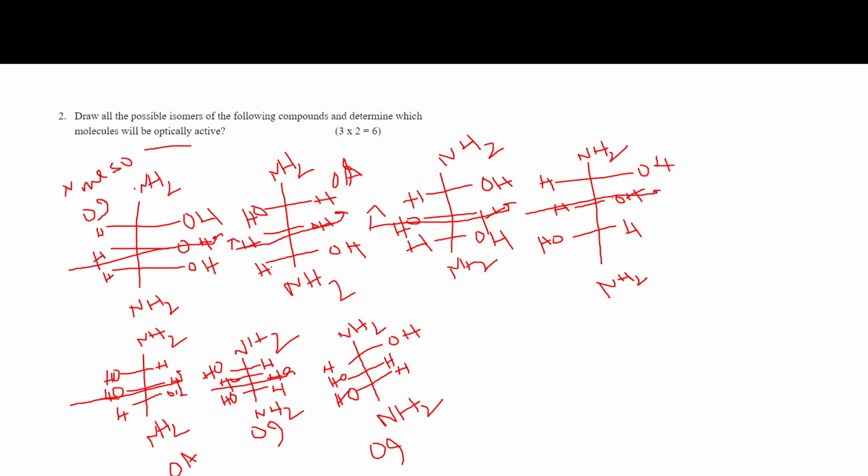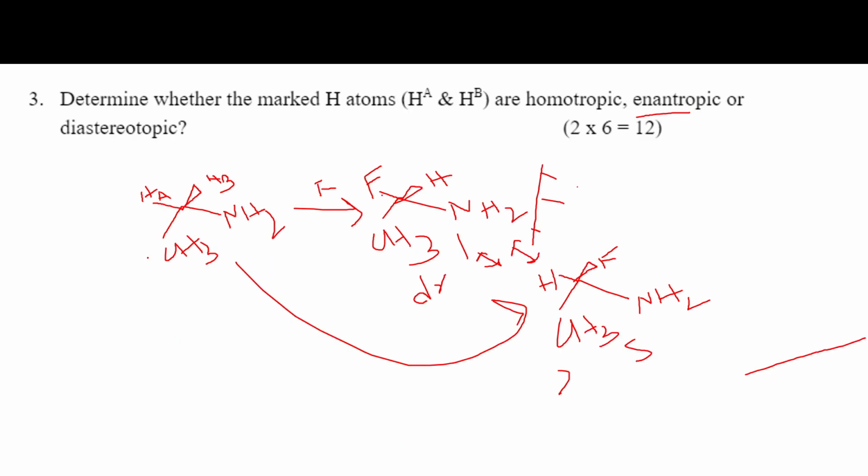Then for these cases, we have to draw all the possible conformations. Then we have to find out which are optically active and which are optically inactive. Optically active molecules have no sigma plane, and they have mirror images of each other. That is the enantiomer.